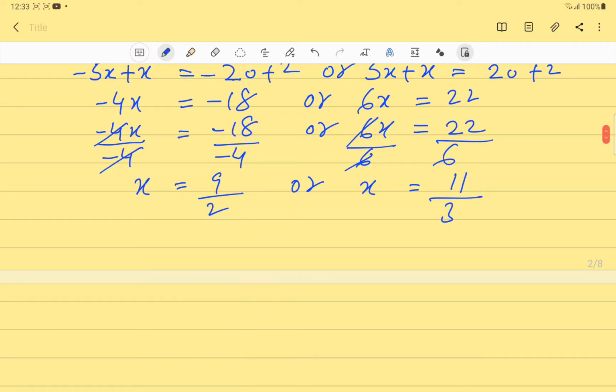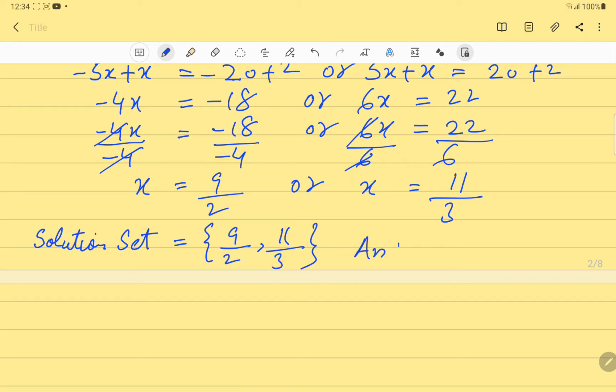Which are the two required values of x and the solution set of this question? Nine over 2 and 11 over 3, and this is the answer also of this question.